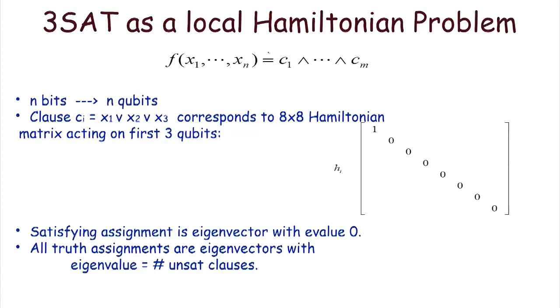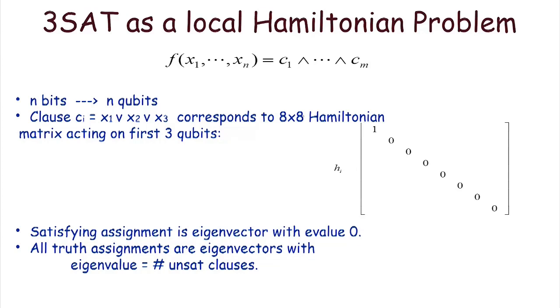Okay, now let me very quickly say how you would actually write a Hamiltonian corresponding to, say, 3-satisfiability. So remember, in 3-satisfiability, you have n bits, so you transform them to n qubits. You have clauses which look like x1 or x2 or x3. It says either x1 is true, or x2 is true, or x3 is true, meaning either x1 is 1, or x2 is 1, or x3 is 1.